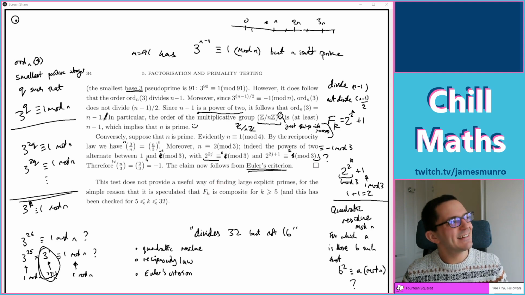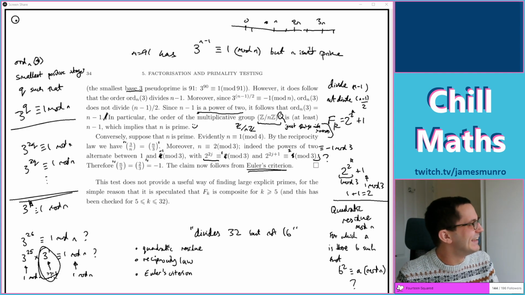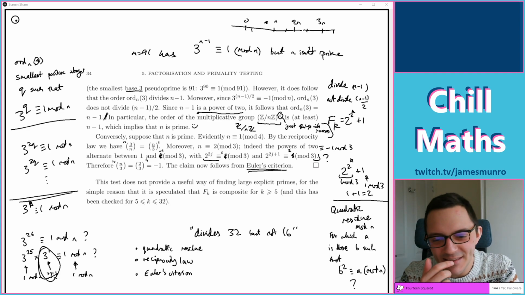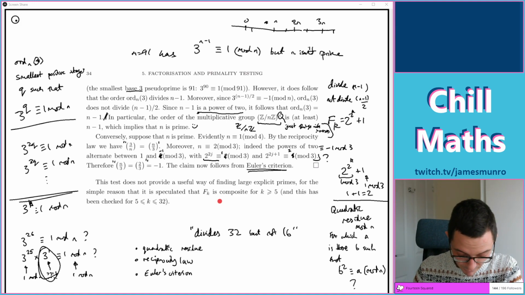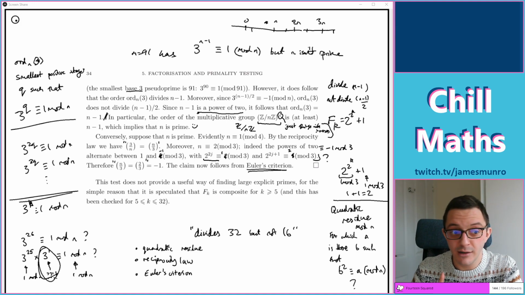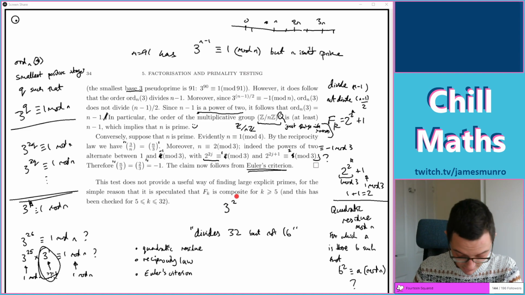I guess that in terms of the test, if it turns out that these Fermat numbers are composite, then we will have a large supply of numbers such that 3 to the 2 to the 2 to the k minus 1 is equivalent to 1 mod 2 to the 2 to the k plus 1.